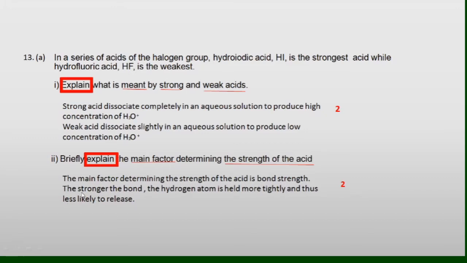The stronger the bond, the hydrogen atom is held more tightly and thus less likely to release. So we will get 1 mark when we mention the main factor, then 1 mark when we explain it. So the total will be 2 marks.